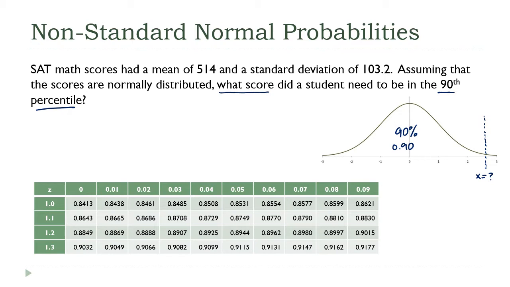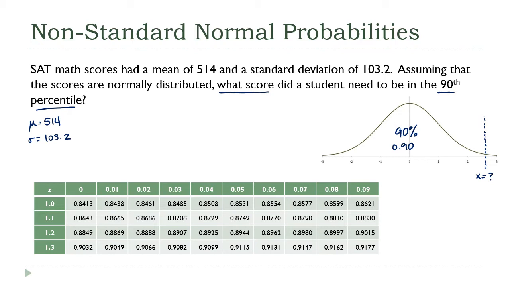Okay, how am I going to do this? Well, I'm going to use that same z-score formula, because once again, I know the mean, it's 514, and I know the standard deviation, it's 103.2. So I'm going to go to the table. Here, you need to be clear about what we're doing.